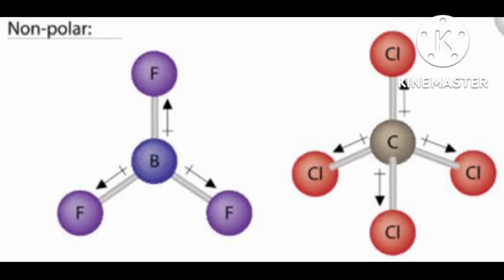Both are equal dipoles, but they are in opposite directions. That's why they cancel, because the two equal bond dipoles point in opposite directions and cancel the effect of each other. This is for IIT Advanced.